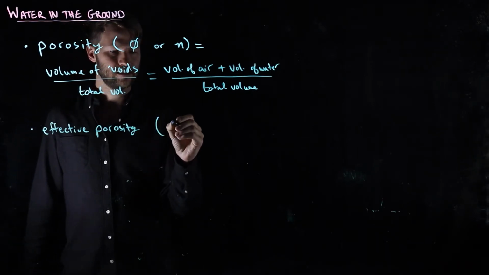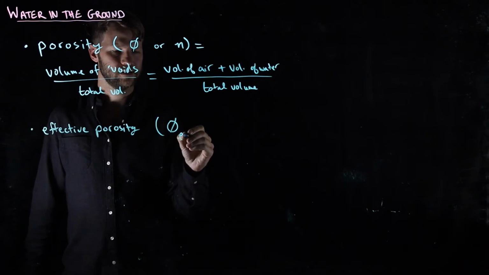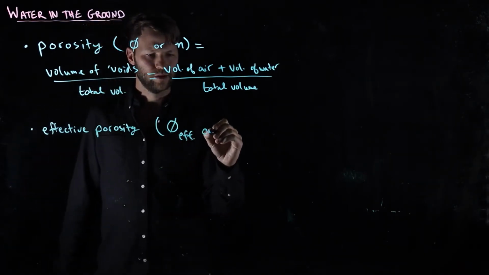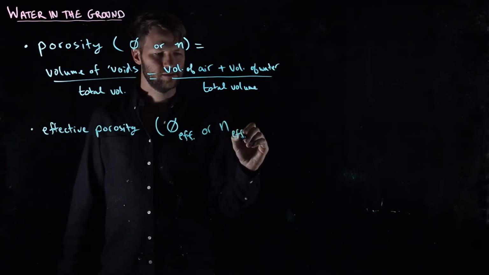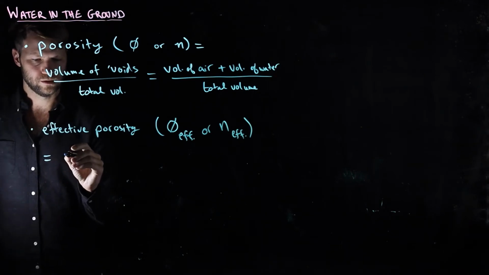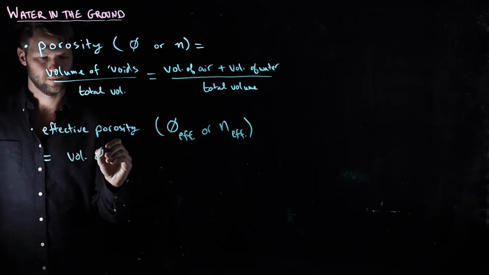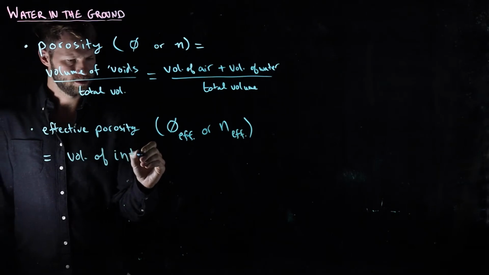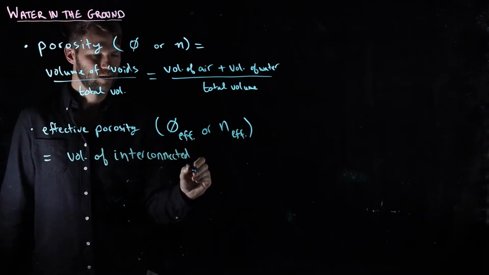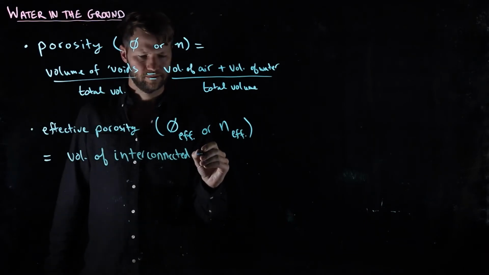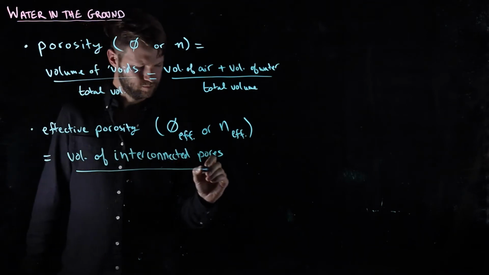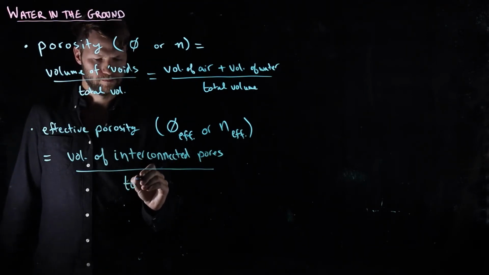It's commonly denoted with a subscript effective, or n effective. And so we're going to say that it's equal to the volume of interconnected pores, and by pore, I also mean void space, over total volume.